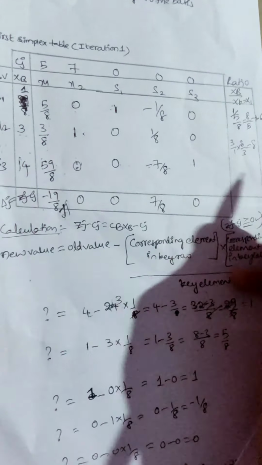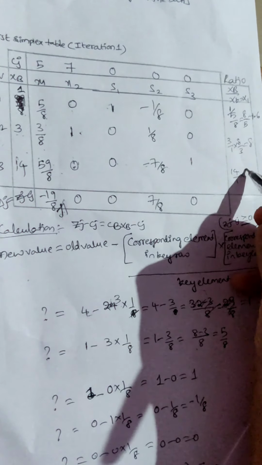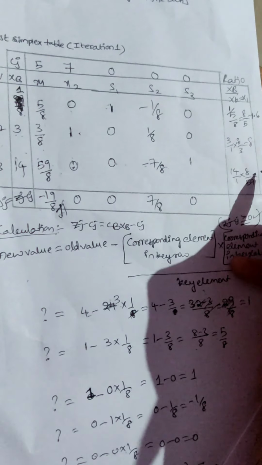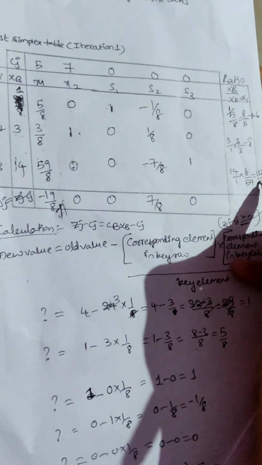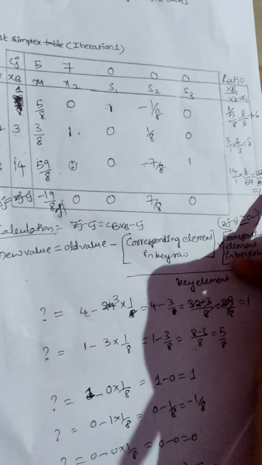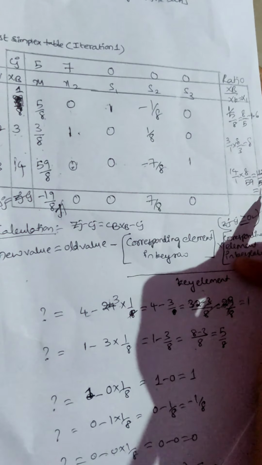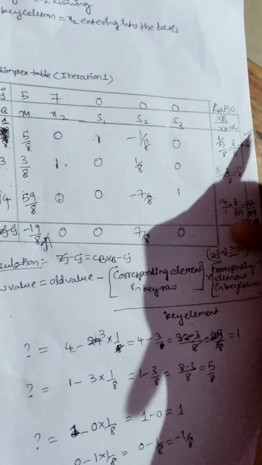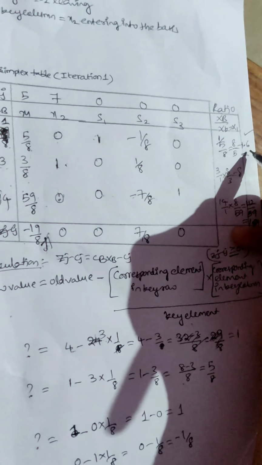Next 14 by 1, 8 by 59, the value is 112 by 59. If you take it in decimals, the value is 1.81. Select the minimum positive value. 1.6 is the minimum positive value.